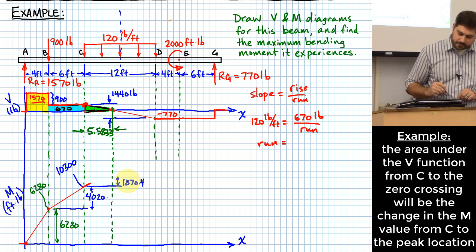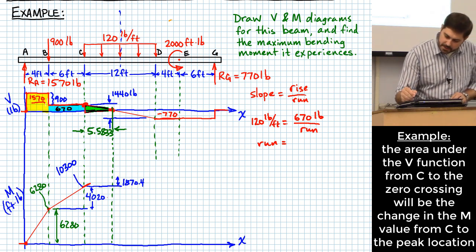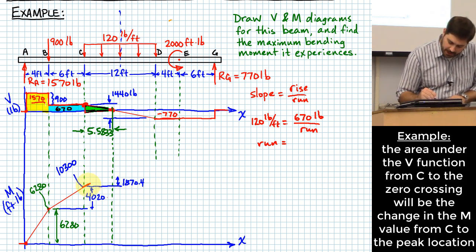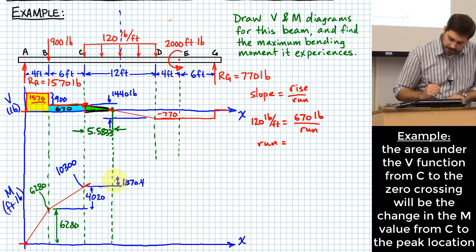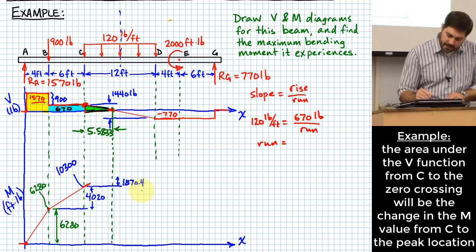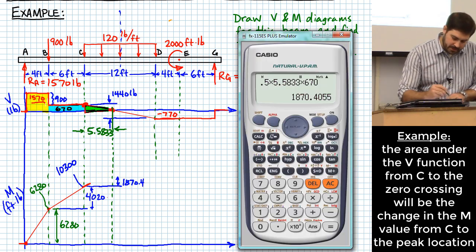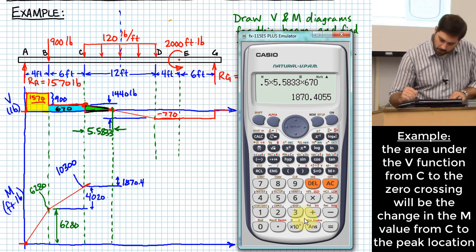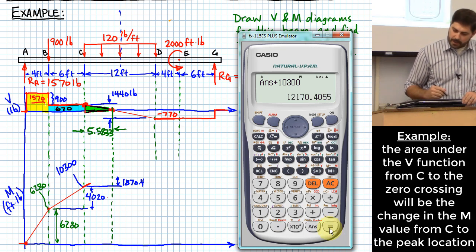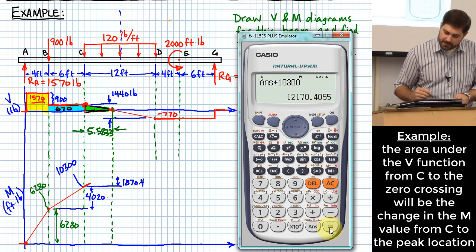And we're saying this is sloping up, but it's getting closer and closer to having 0 slope. I'm going to take that 1,870.4 and add it to 10,300, I should say. That gives 12,170.4.